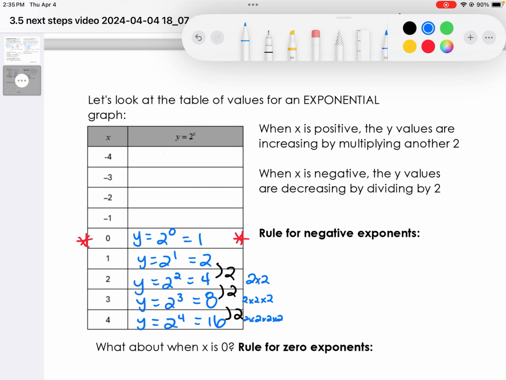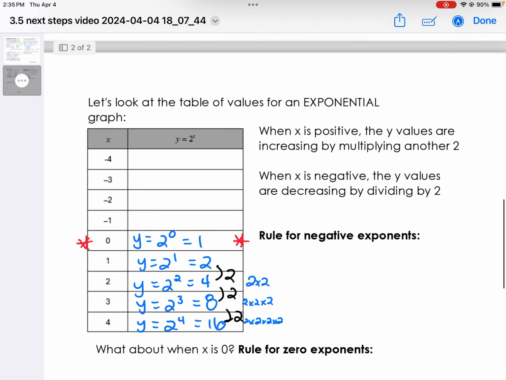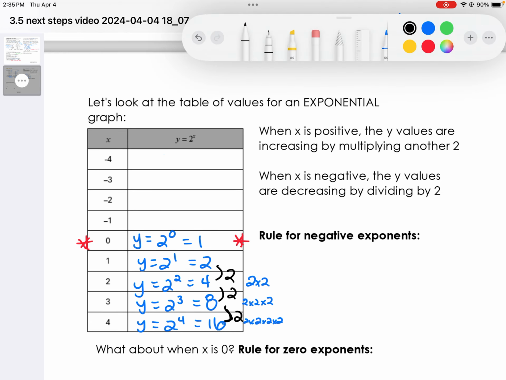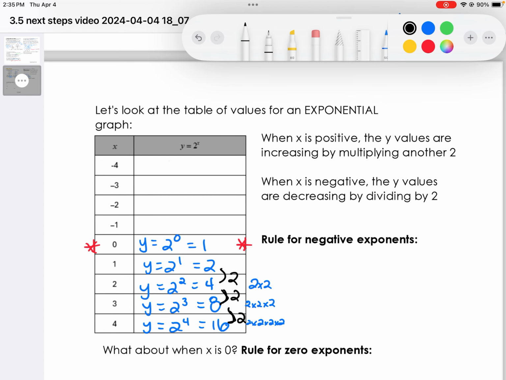And then if you want to keep going, here at the bottom, when x is 4 and y is 16, and then x is 3 and y is 8, 16 divided by 8 is 2, right? Then the next one, 8 divided by 4 is 2.